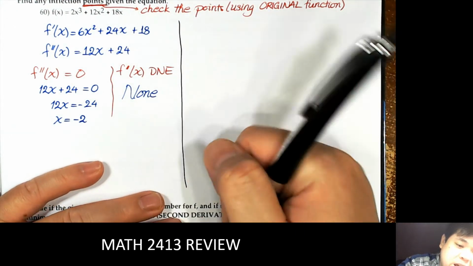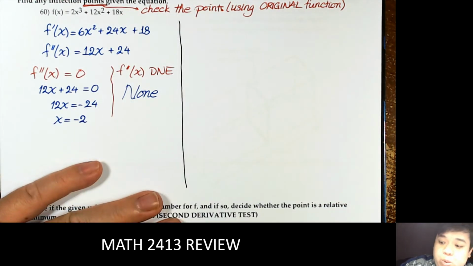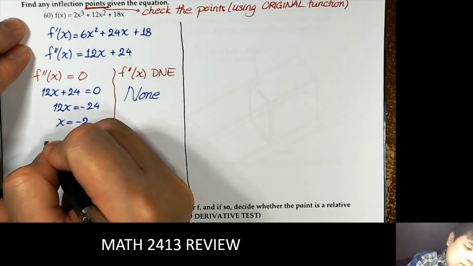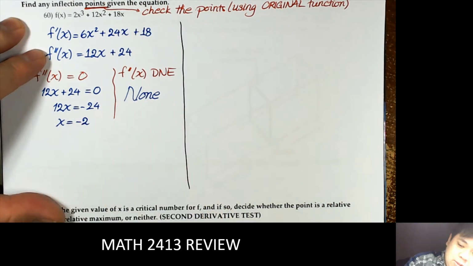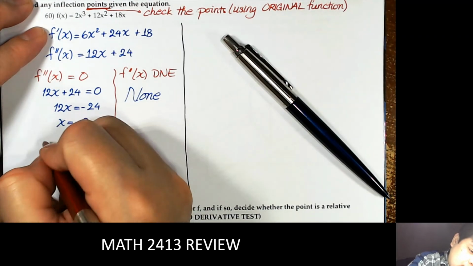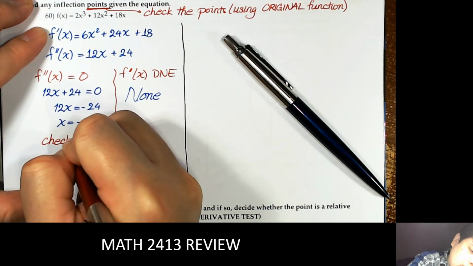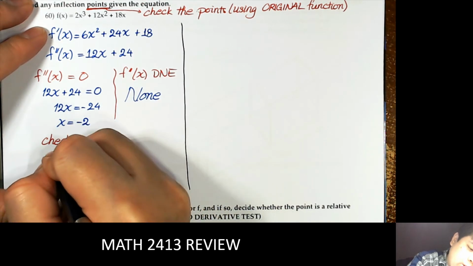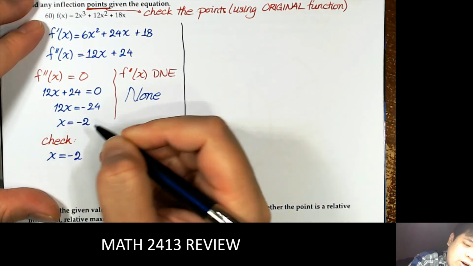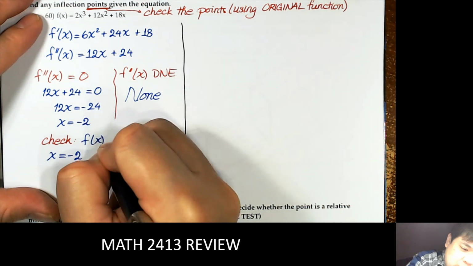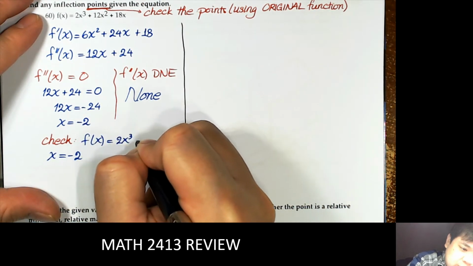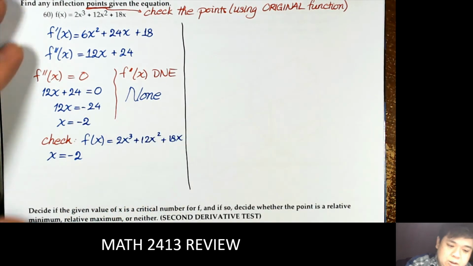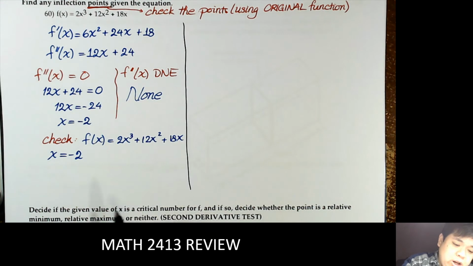Right. We were asked to find the inflection point, so we do need to check it with the original function. x equal to negative 2, sorry. So put negative 2 into the original function.